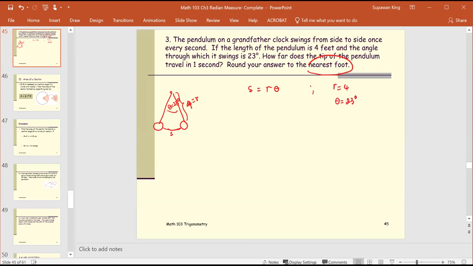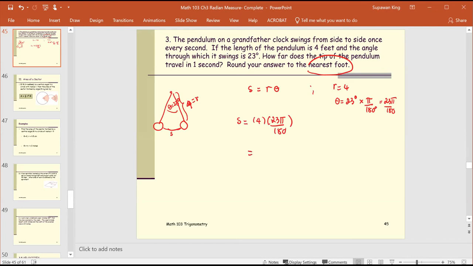But the degrees cannot be used in a formula. We have to convert it into radians by multiplying by pi over 180 degrees to get 23 pi over 180. Then put it back into the formula, where R equals 4 and angle theta is 23 pi divided by 180.